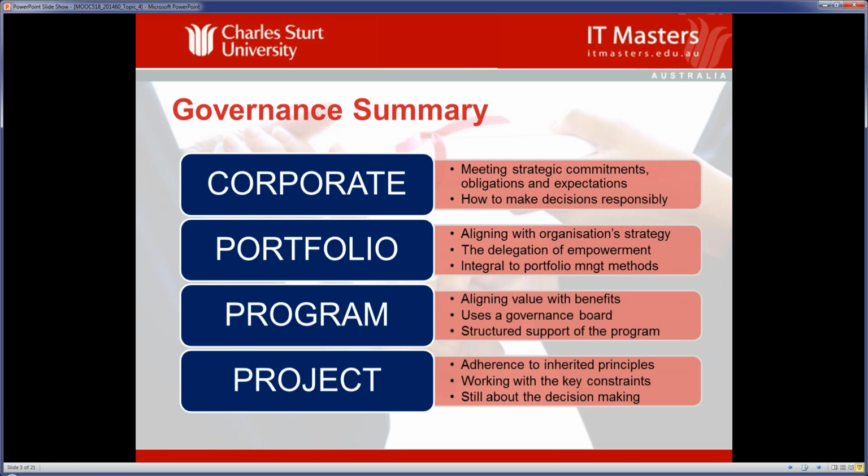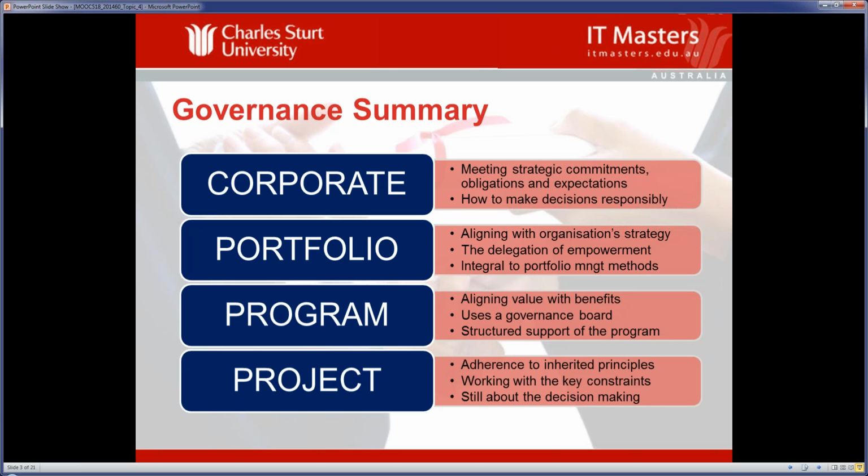We are going to talk about corporate governance, because this is the parental governance component from which portfolio and program governance will be defined. Corporate governance is about the strategic obligations, expectations, and commitments. It's about how the corporation, or the organizational entity, defines its strategic rules of engagement.